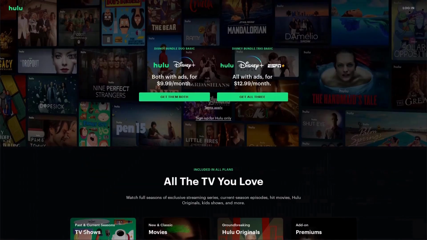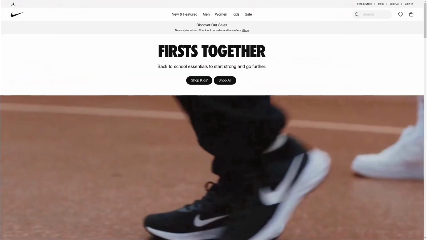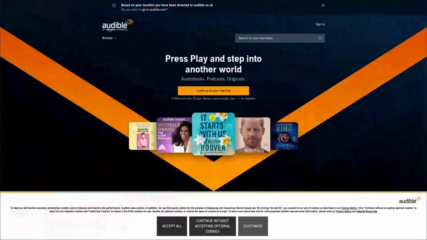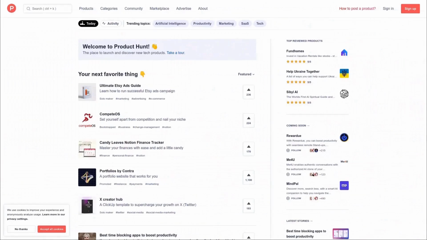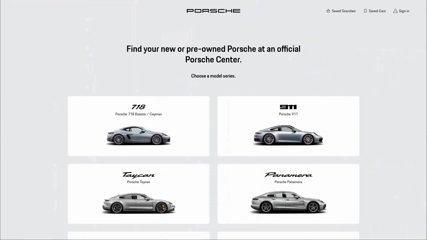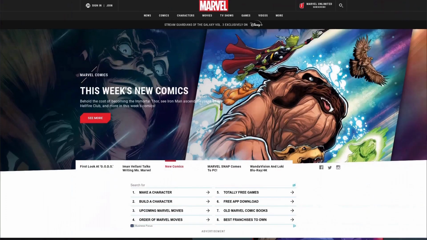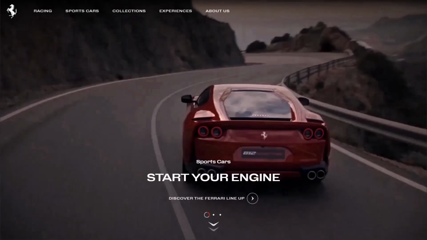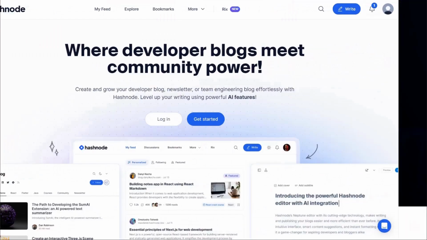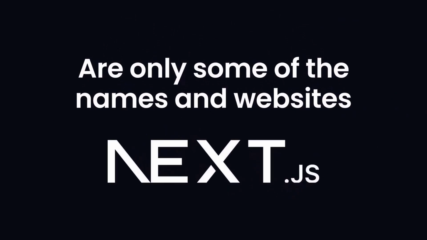Notion, Hulu, Netflix Jobs, Nike, HBO Max, Audible, Typeform, TED, Auth0, Product Hunt, Hyundai, Porsche, REPL, Marvel, Futurism, Material UI, Coca-Cola, Ferrari, Hashnode, and Verge are only some of the names and websites that use Next.js internally.